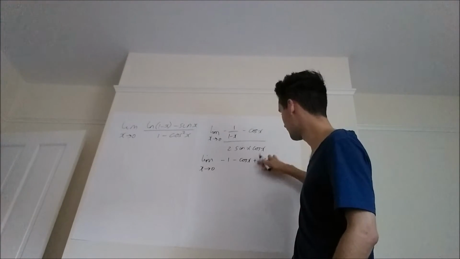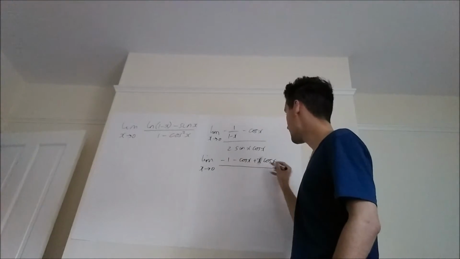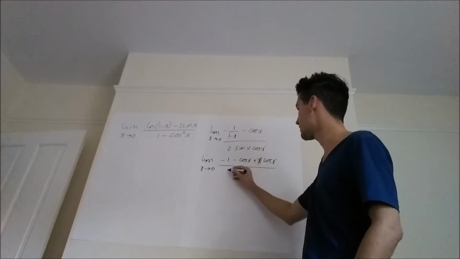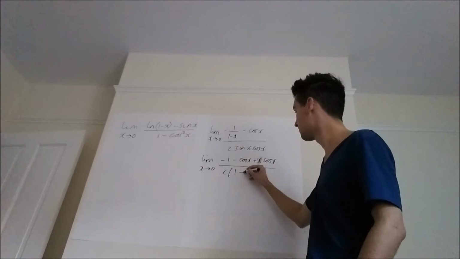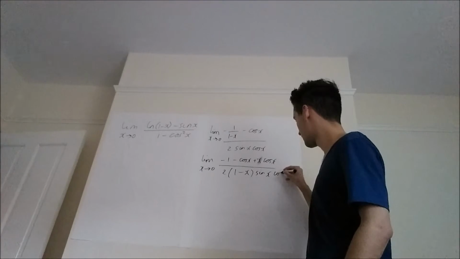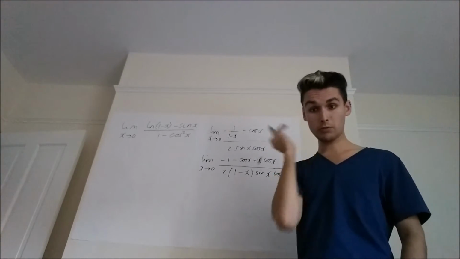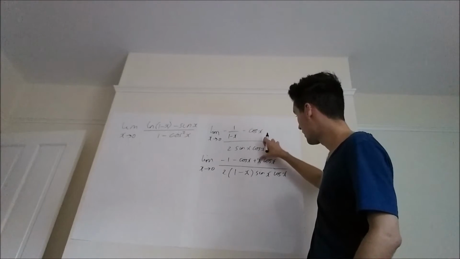Just make that nicer. X cos x. Underneath, we're also times it by 1 minus x, so I'm just going to write it in factorised form. Cool. Right, so we've got something that we can deal with now.